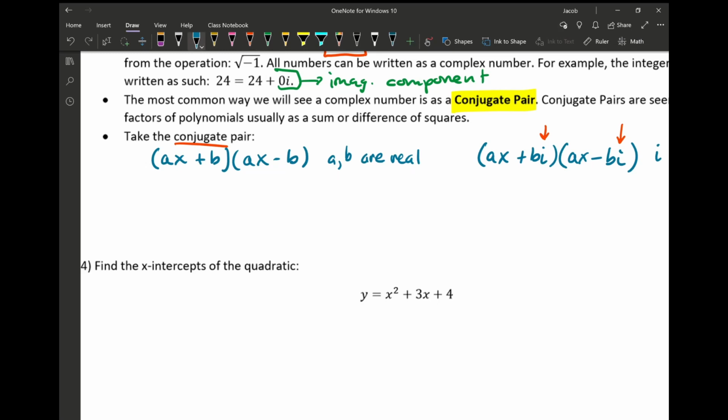So if I multiply these together, it shouldn't be a surprise as to what's going to happen. I'll get a squared x squared plus bax. Then I got minus bax if I FOIL, distribute it properly. And then minus b squared. And then this will result in a squared x squared minus b squared.